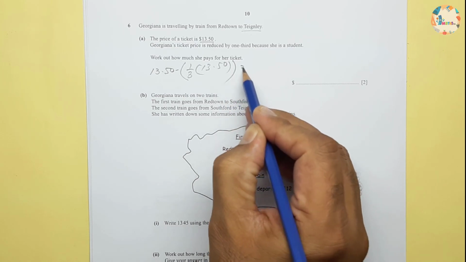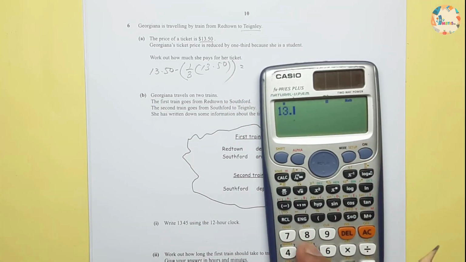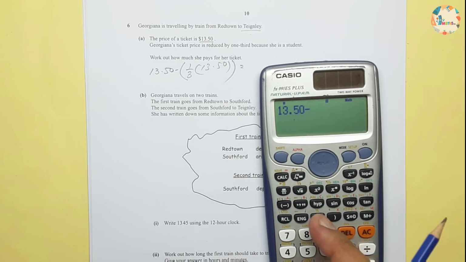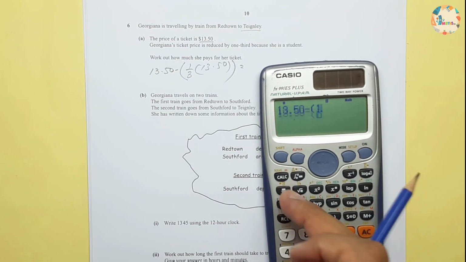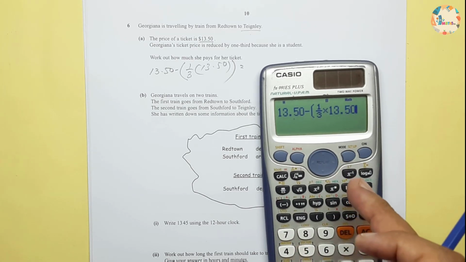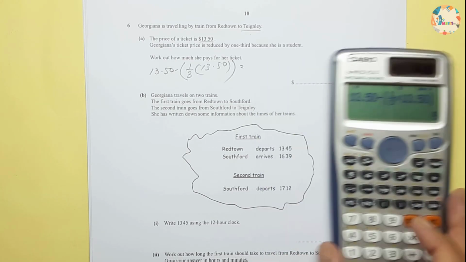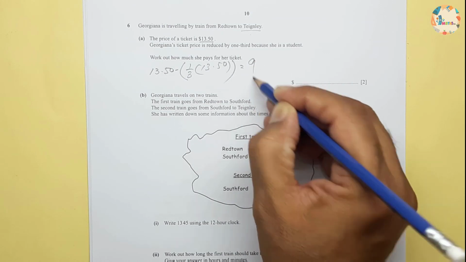So we will calculate this. This will be 13.50 minus 1/3 of 13.50, and this will be equal to 9. So she will be paying $9.